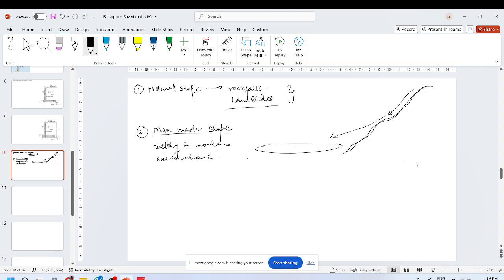Okay, so now the two scenarios are: first, you check the stability of the slope itself. The second scenario is if you are constructing something on this slope.